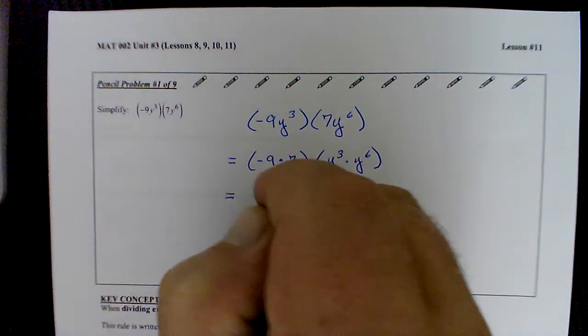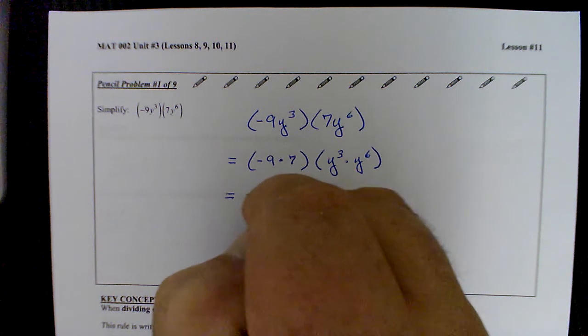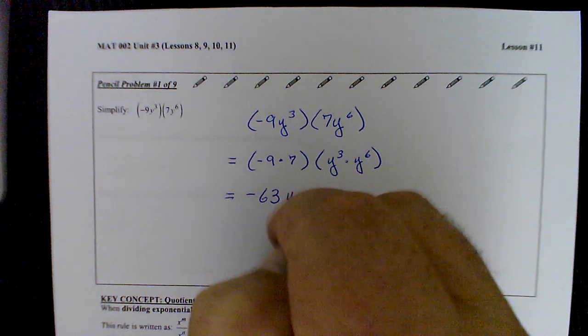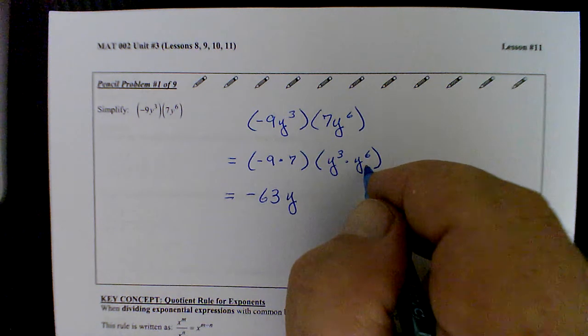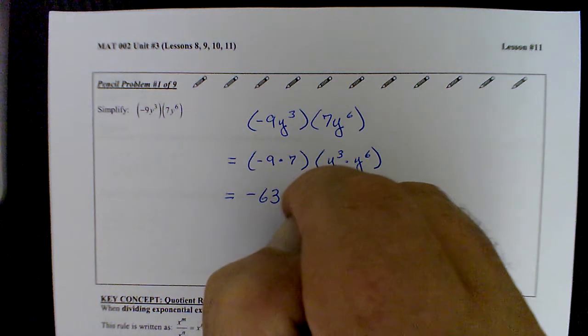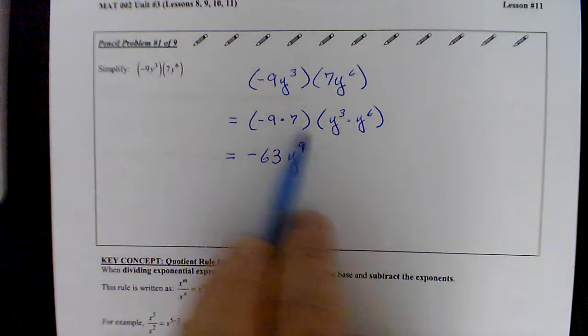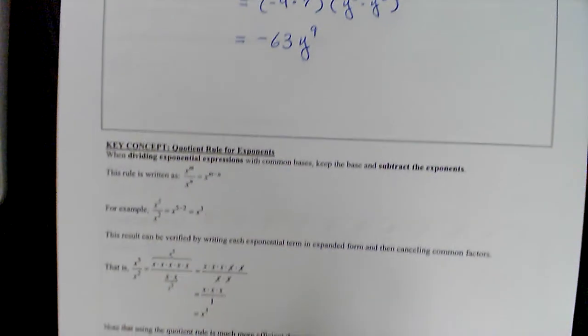Then we can multiply the coefficients, we get negative 63, and using our product rule for multiplying common bases, we add the exponents and we get y to the 9th. If you want to skip this middle step, that's fine, but sometimes that's helpful.